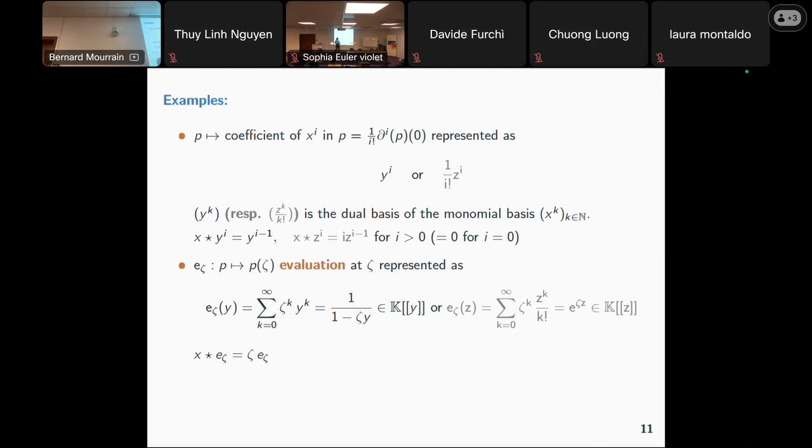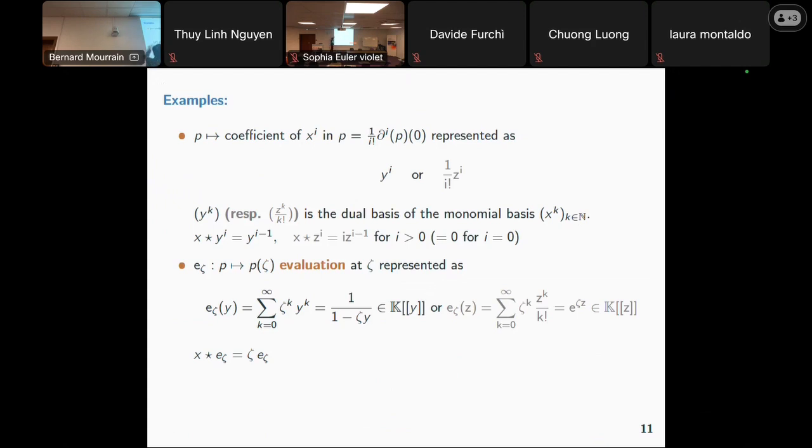Well, we can represent it in y just as y to the i. The y^i are dual to the monomials. So it's just y^i, which is computing the coefficient. But in the z^i basis, it will be 1 over i factorial times c_i.